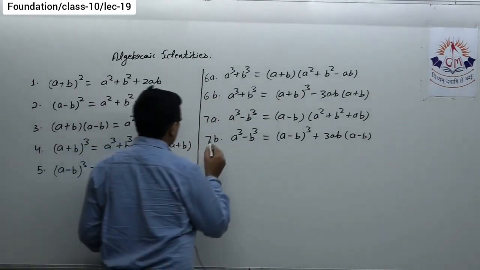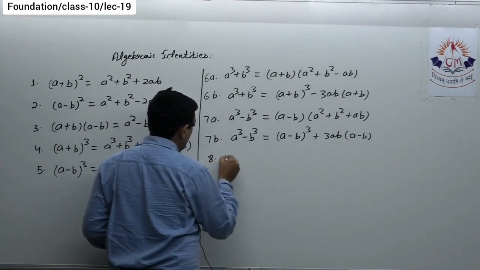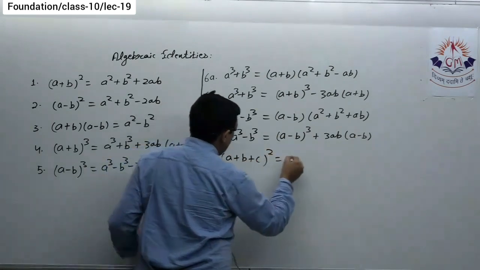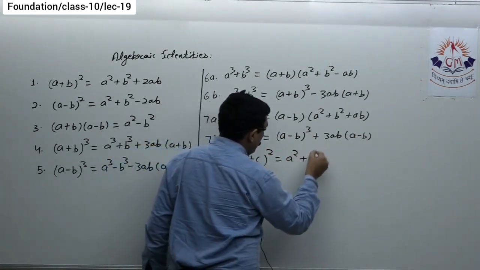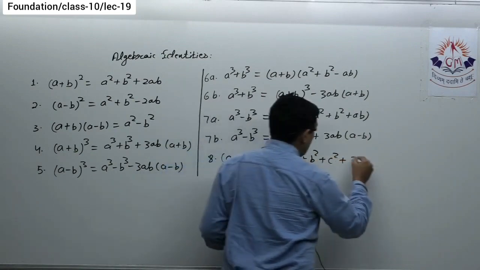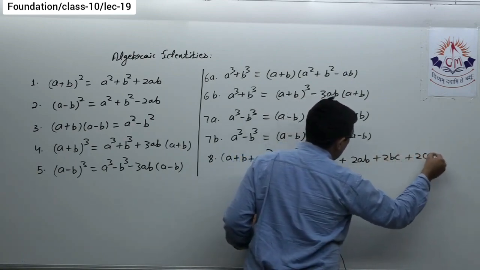After that, the next identity I can write is (a plus b plus c) whole square. That is a square plus b square plus c square plus 2ab plus 2bc plus 2ca.